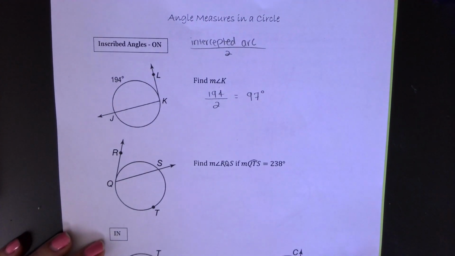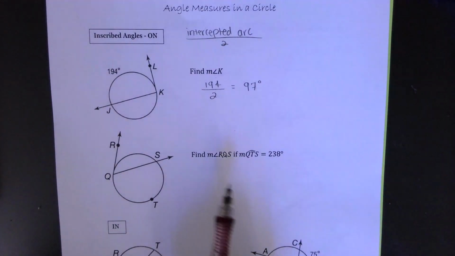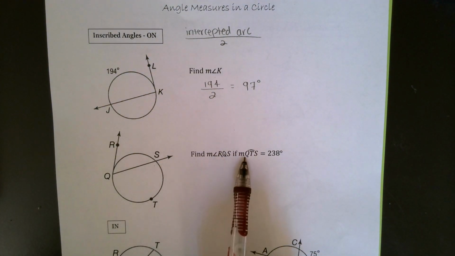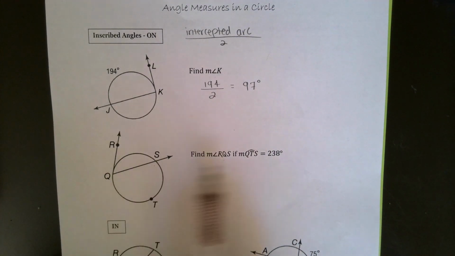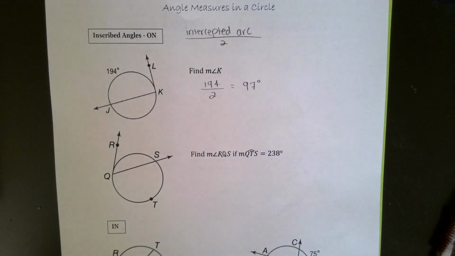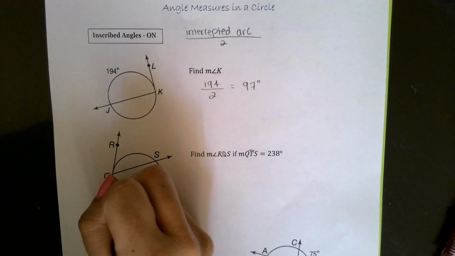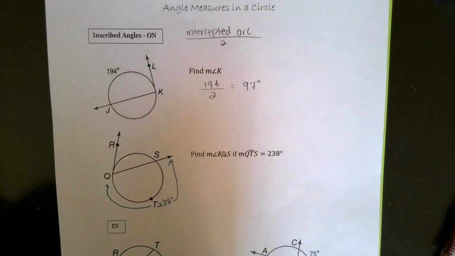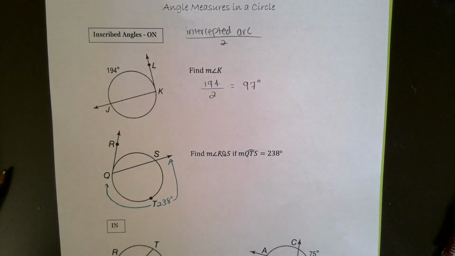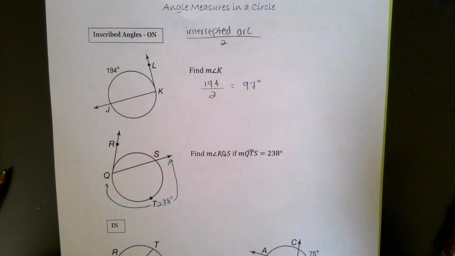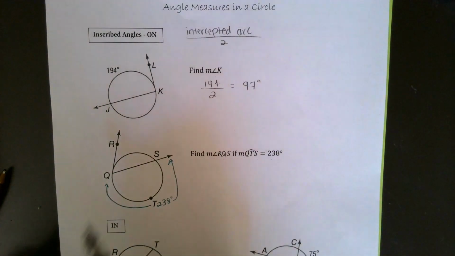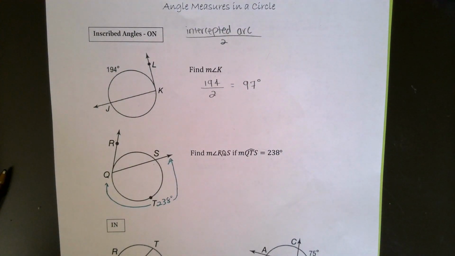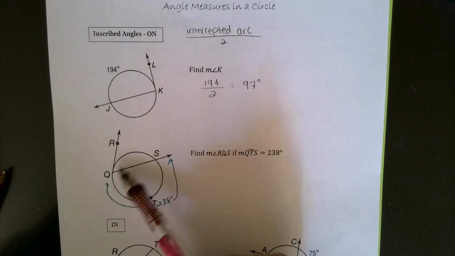Next one. You want to find the measure of angle RQS if the measure of the arc QTS equals 238 degrees. So first I'm going to label it. QTS, this whole thing, is 238 degrees. I'm going to find out what my angle is right here. Because I see the vertex is on the circle, it's your intercepted arc divided by 2. Right here, I don't have a value for my intercepted arc.